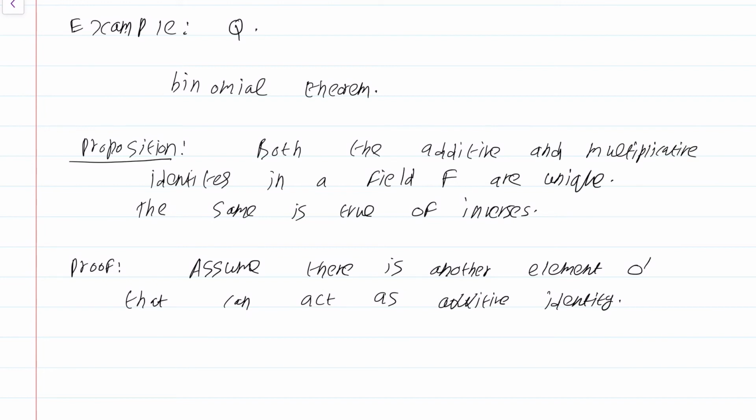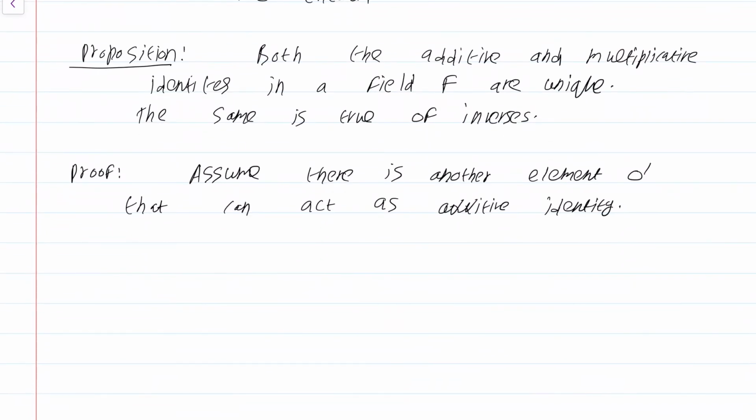That means we will take another element 0 prime and show that it's actually 0. That's one way to show that a particular element with certain properties is unique. So, we already know that the characteristic property of additive identity gives that 0 prime is 0 prime plus 0. This follows from the property that 0 is an additive identity. But 0 prime is also an additive identity. So 0 plus 0 prime must be 0. The net upshot is that 0 prime is equal to 0.